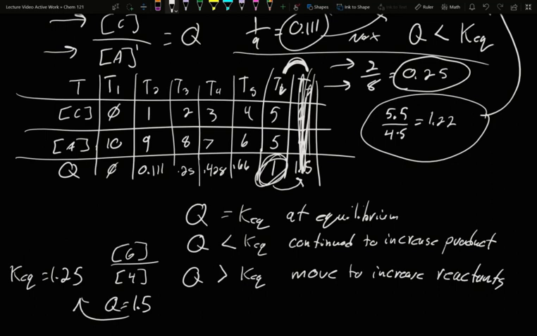When I do the division, there was too much on top and not enough on bottom. The top is products. There was too much products. The bottom is reactants. There was not enough reactants. And so you have to remove some products and create some reactants to make the math when you divide come out where you want it to be at the 1.25.